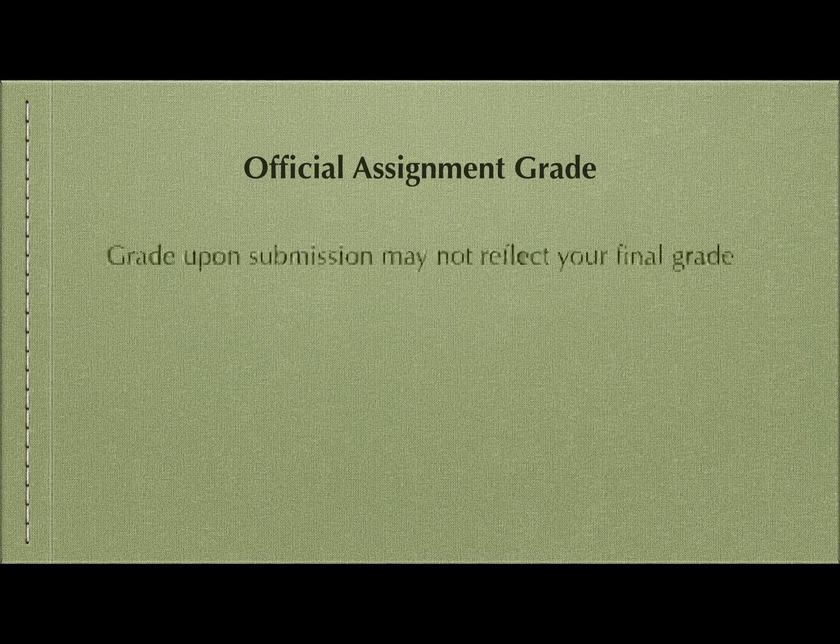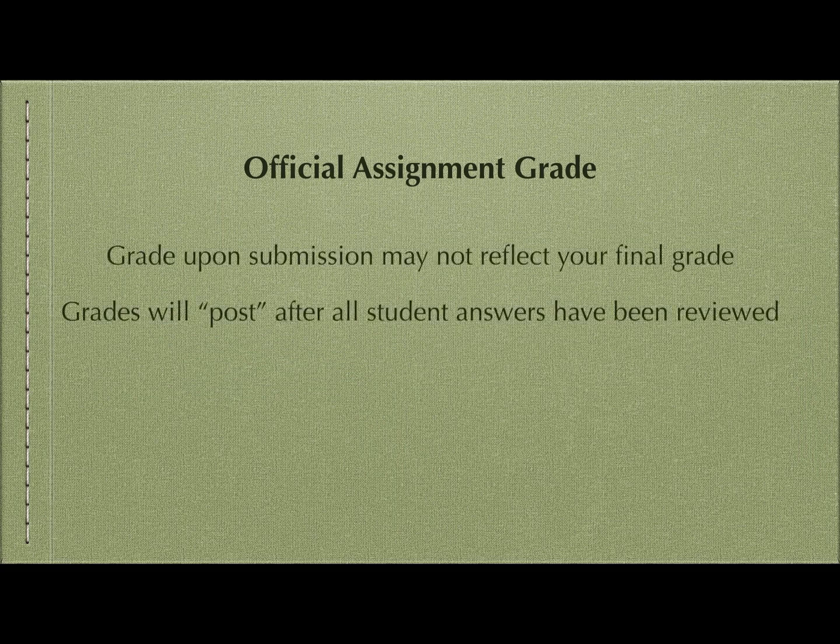I am going to go and review everything that you have submitted, and then I will go and post your grades in the Canvas gradebook after I have reviewed all of the students' entries and manipulated or provided back points for things that I feel students should have earned credit for that Canvas didn't catch.